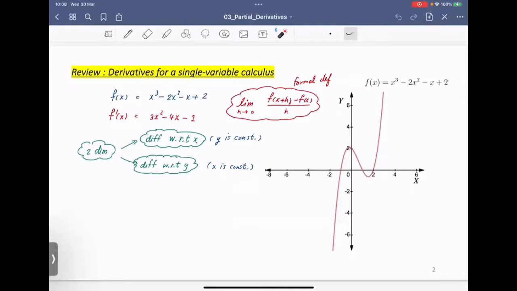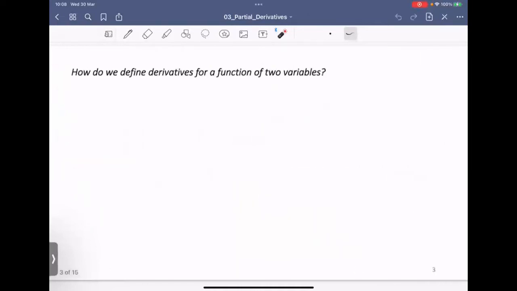Let's talk about the definition of the derivative for a function of two variables. Let's suppose that you have f(x, y). How would you define the derivative? Again, we're going to use the idea of fixing one variable.